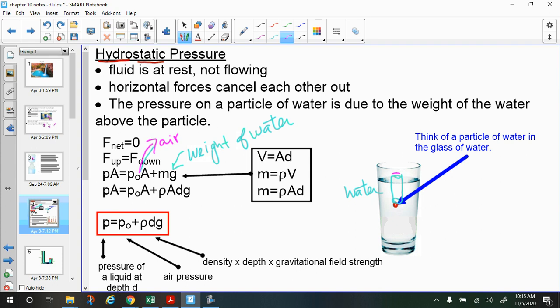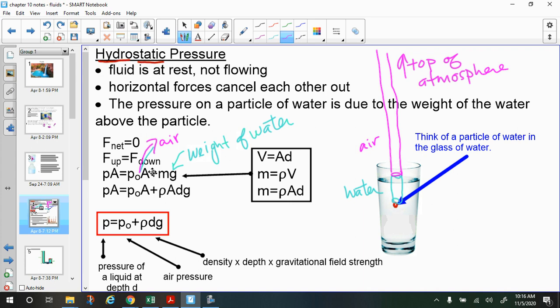We have another column here that is the air, this column that goes all the way up to the top of the atmosphere. And this is air. So the weight of all of this stuff, gravity pulling all this stuff down towards the center of the Earth, the weight of all of that stuff on top of this particle is what causes the pressure.